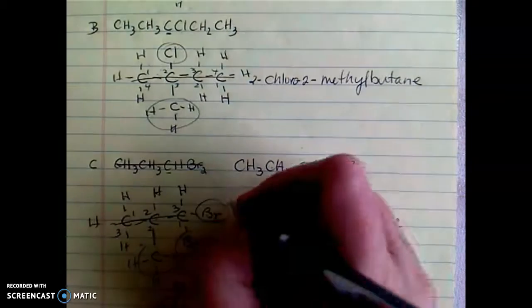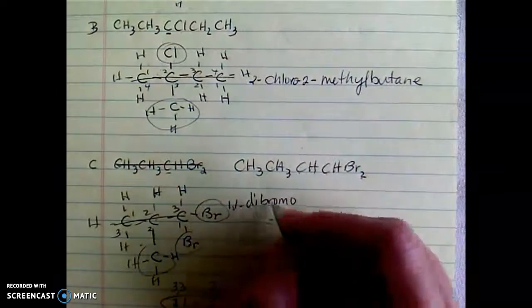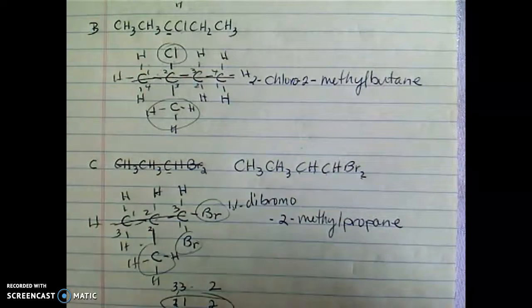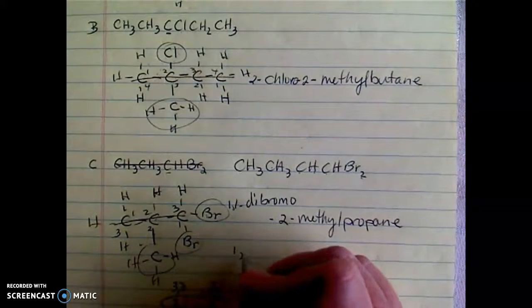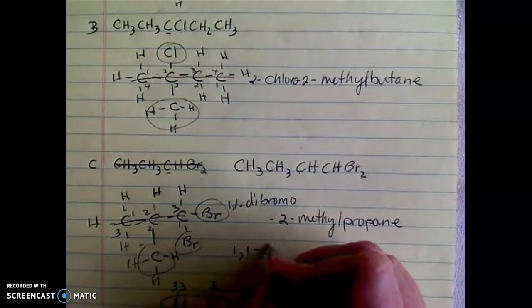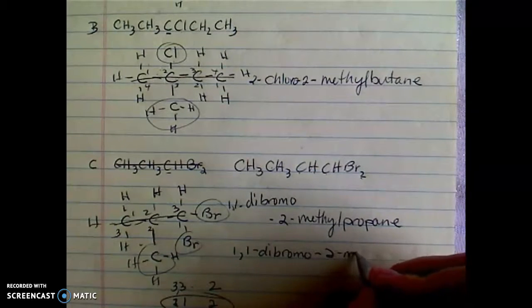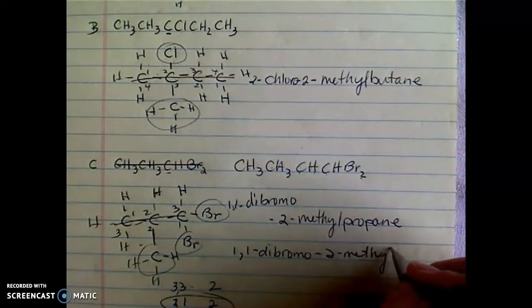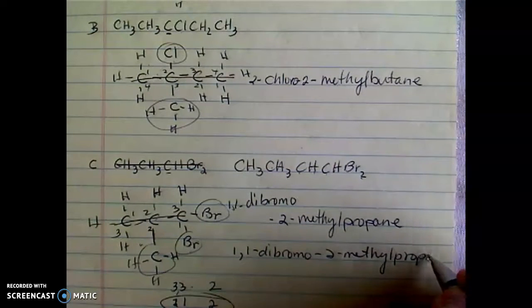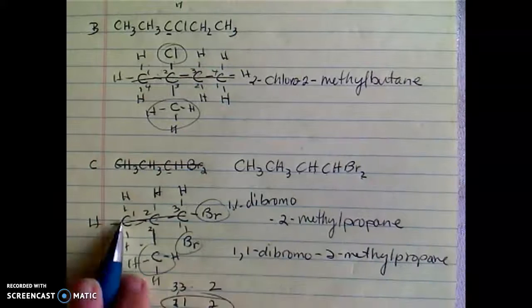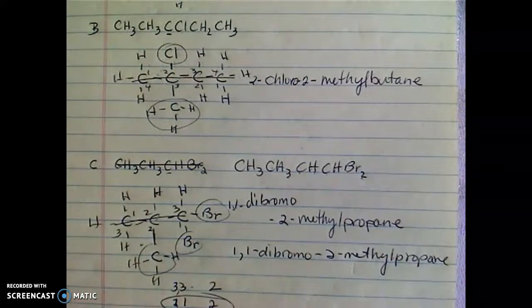That's your lower combination. So 1,1-dibromo-2-methylpropane. So if I could write it completely out so it will fit, it would look like this. Always double check what direction you're going to go in terms of chains so that you get the correct answer.